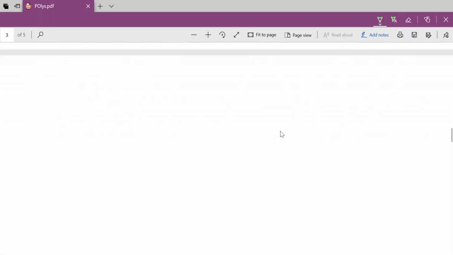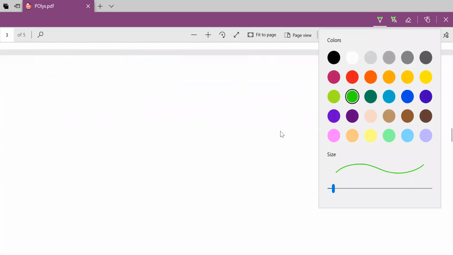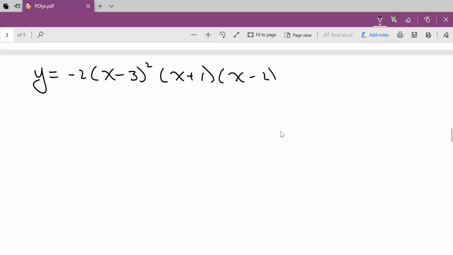To look at those just a touch more, what if I gave you this? Let's go -2, x minus 3 squared, x plus 1, and x minus 2 squared. Okay.